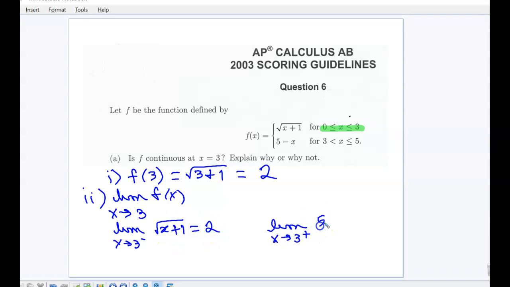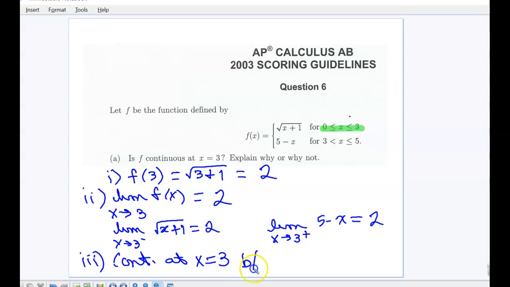From the right, I use the equation 5 minus x. 5 minus 3 is 2. So yes, there is a limit at 3, and it is 2. So statement 3 now, we would say the function is continuous at x equals 3 because the value of the function at 3 equals the limit as x approaches 3 of my function. Those both equal 2.